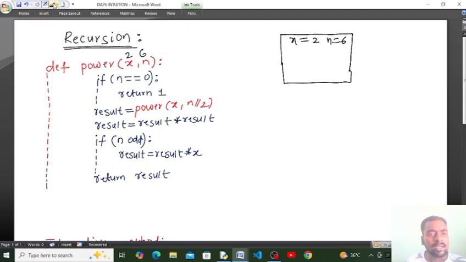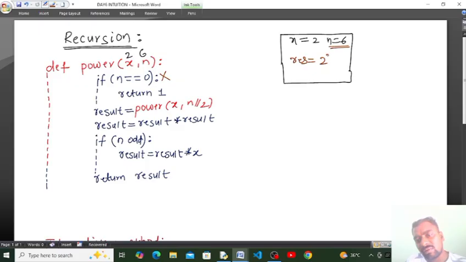Now, is the power 0 here? If power is 0, it is nothing but 2 power of 0. 2 power of 0 value is 1. So in that case the output is supposed to be 1, but here the power is not 0, it is 6. So the if condition is false, then what will you do? My result is what now? How to write 2 power of 6?